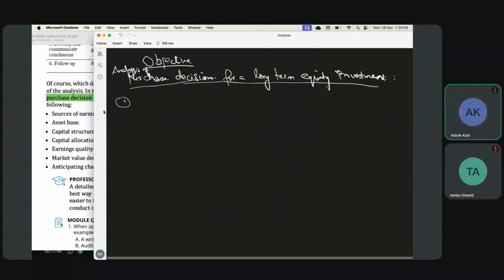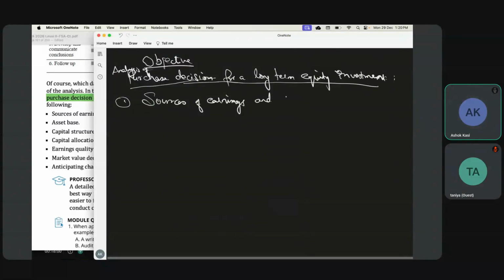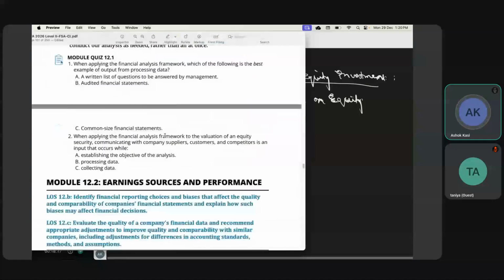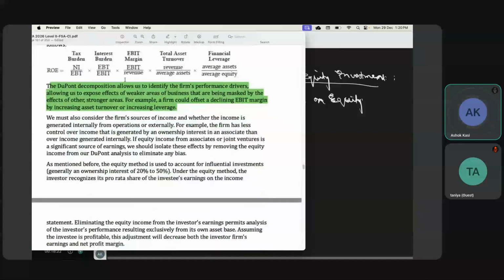So number one, sources of earnings. In this one, return on equity. That is the source of earnings.